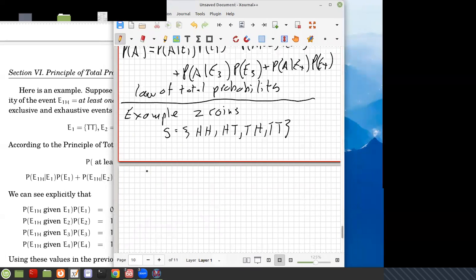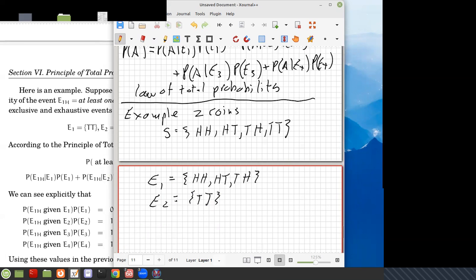But let's choose a little bit less numerous one. Well, we have event 1 equal to the set that has at least one H, and E2 equals TT.